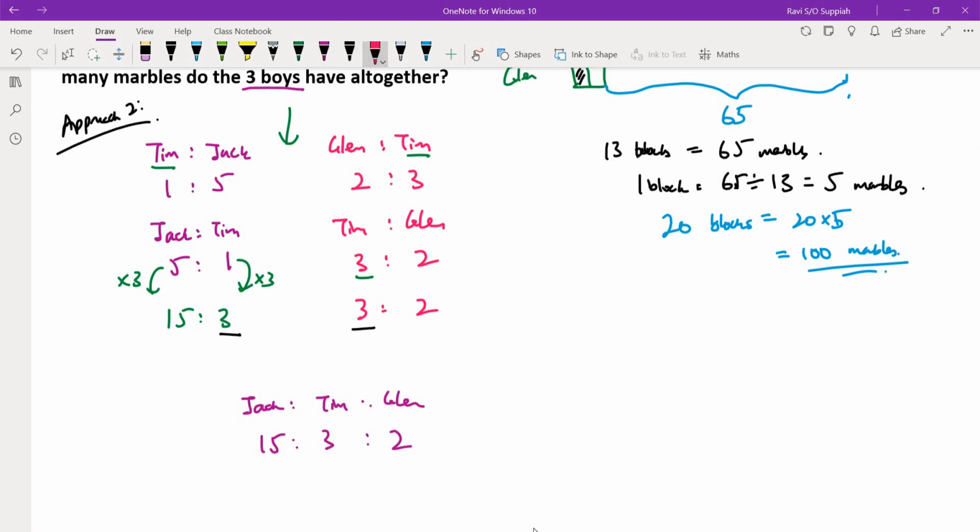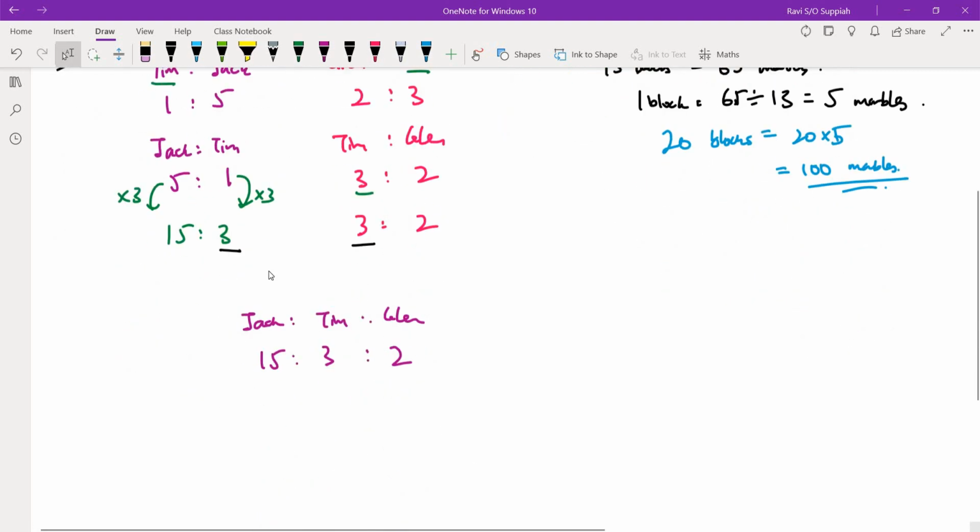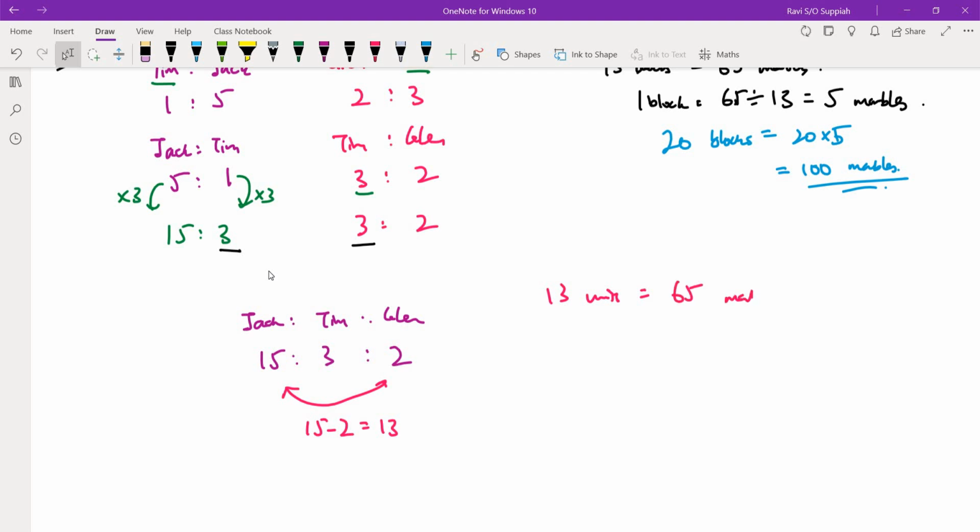Once we have this ratio that represents all 3 of them, we can go back to the information that Jack has 65 more marbles than Glenn. So between Jack and Glenn, the difference will be 15 minus 2, which is 13. So with that we can say that 13 units is equivalent to 65 marbles.